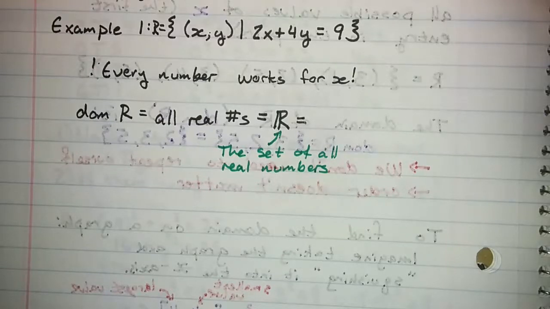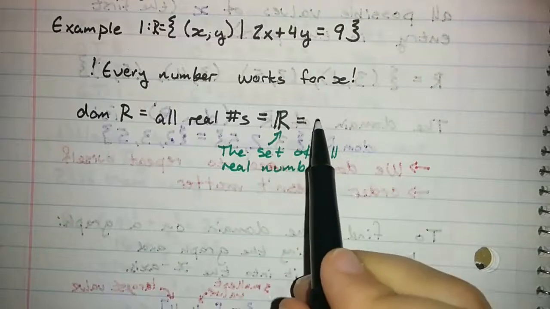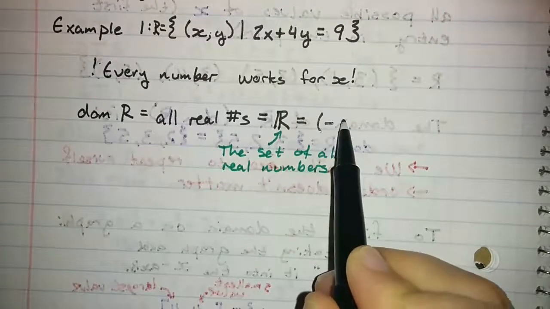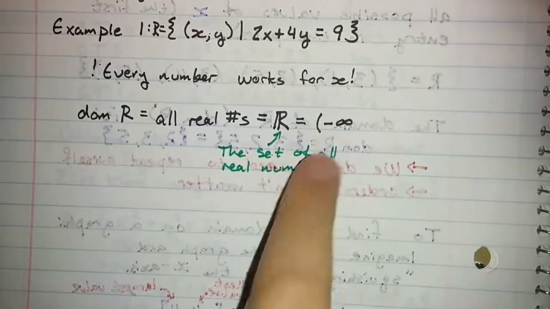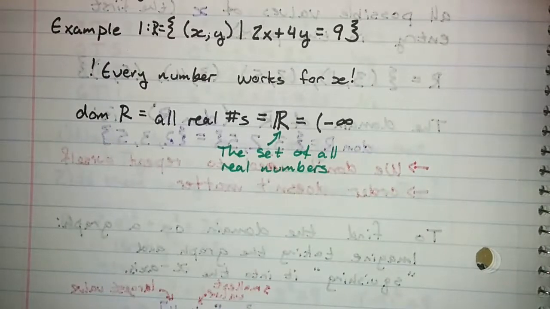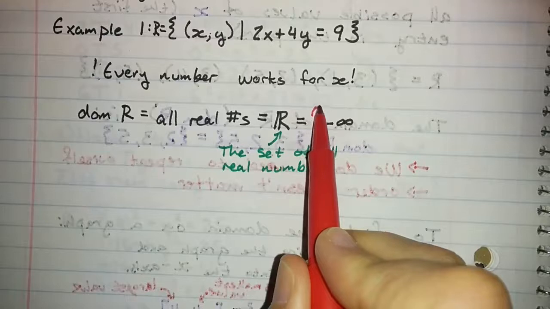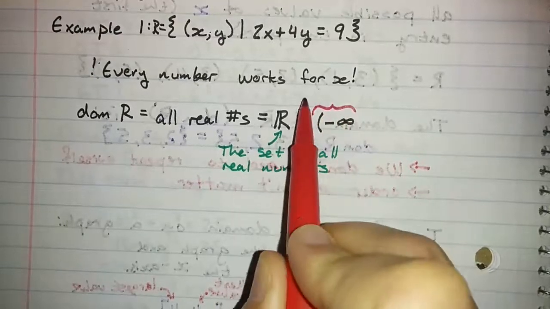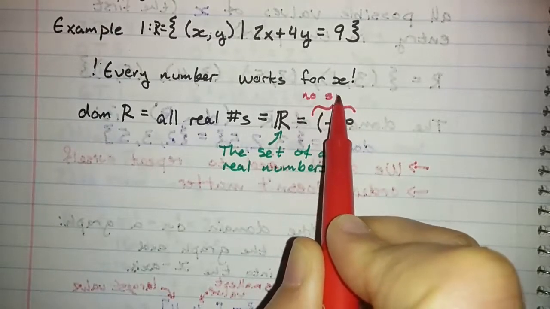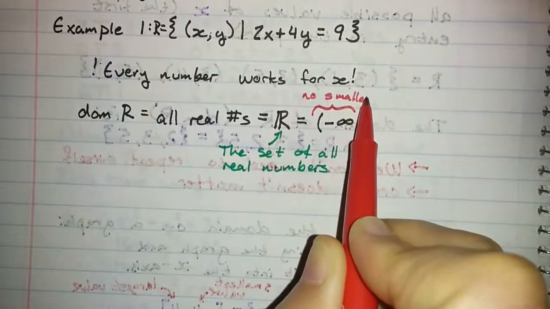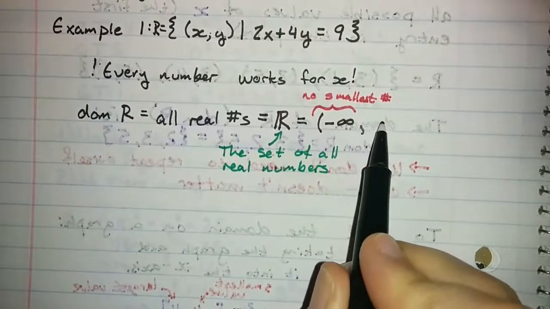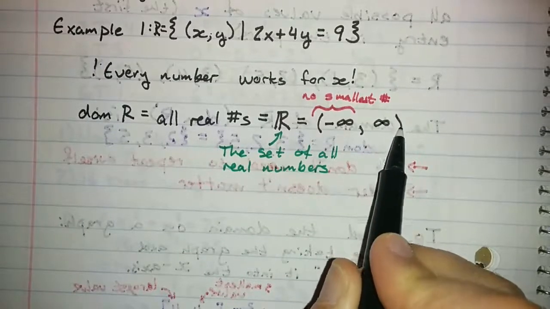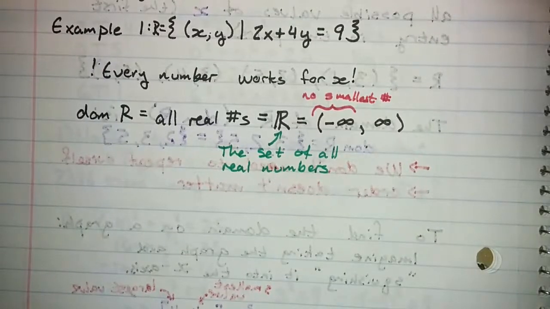there's no smallest x that works. So we write round bracket, negative infinity. This whole thing, round bracket negative infinity, means no smallest number, comma, positive infinity, round bracket.